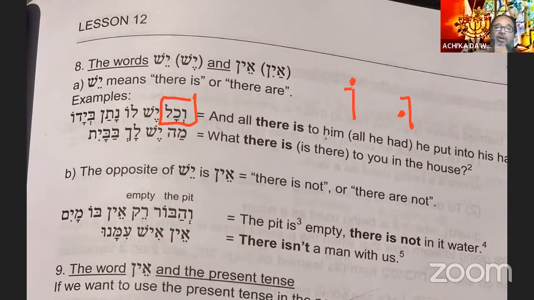I just want you to know that when they have dots on top and dots on the side, those are the vowels. When it's no dot, then it's used as the letter, the consonant, meaning wa. Okay. So we'll call yesh, lo, nathan, ba yado, ma yesh, lak, babayith.